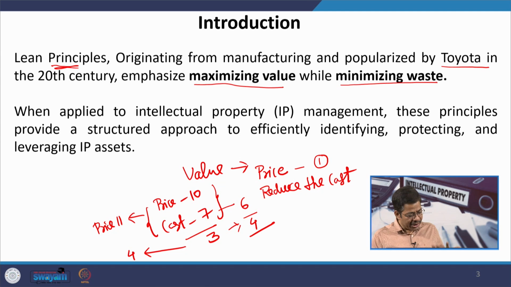Generally, organizations find it difficult to increase the price, because there are market forces, competitors are there, and accordingly you have to follow the law of demand and supply, you need to see the competitive forces also.